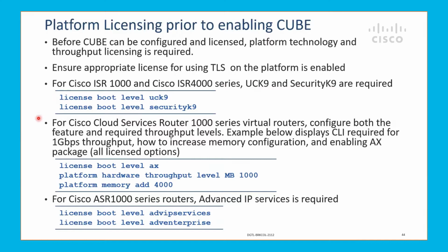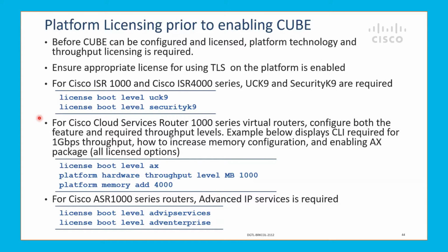For the cloud services router, the CSR 1000V series virtual routers, when you run Cube as part of the virtual routers, it's known as vCube. Cloud services routers have their own licensing, which includes term duration, the required throughput, and the required feature package.